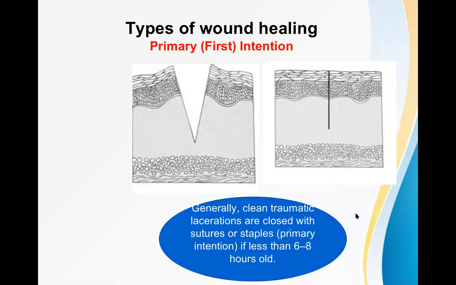So if we put suture there, those microorganisms are lodged inside, underneath the suture. They can easily cause infection there. So what should you do? Keep the wound open, clean it, debride it, and later on when the infection or inflammation settles, then you can close the wound.